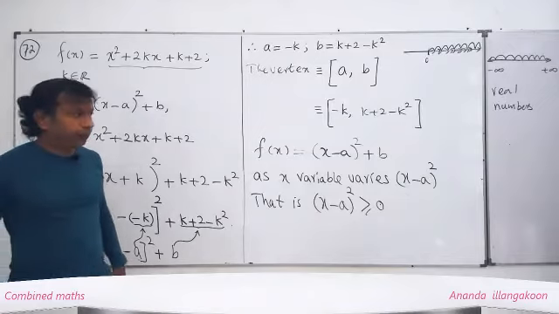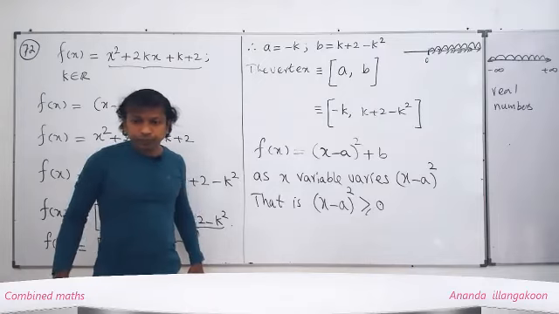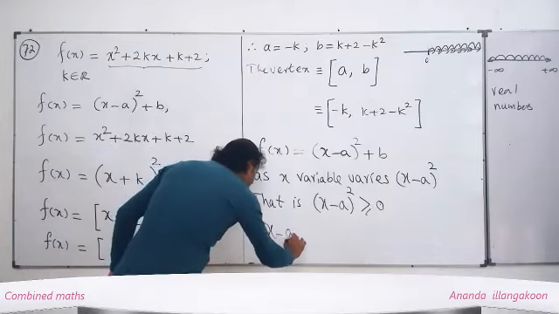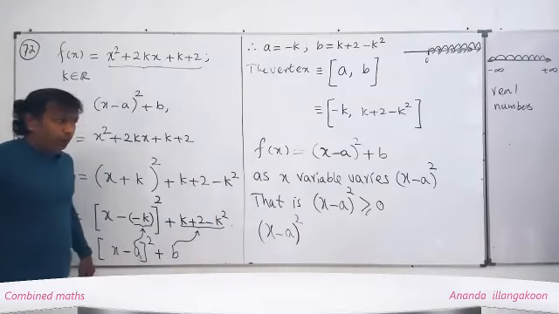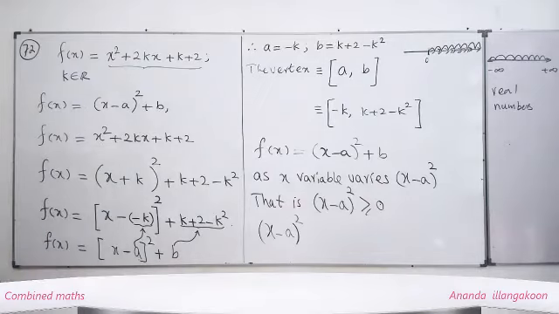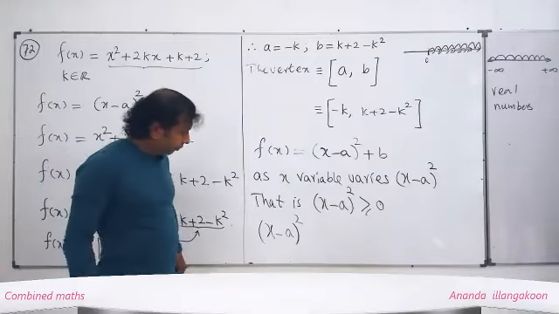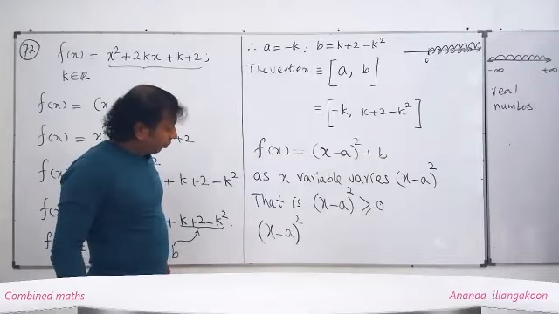Write down. Therefore, the maximum value of x minus a perfect square cannot be found.